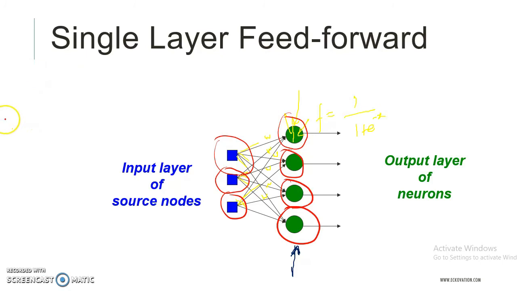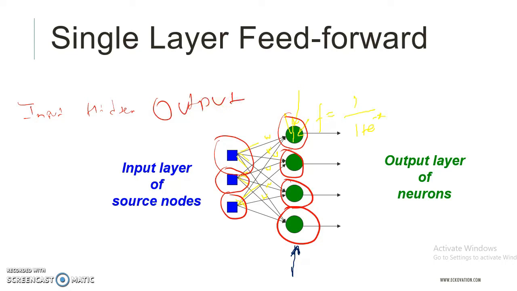The first one is the input layer, another one is the hidden layer, and another one is the output. Okay, so these are the major layers we are having.